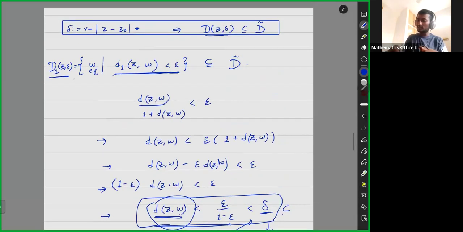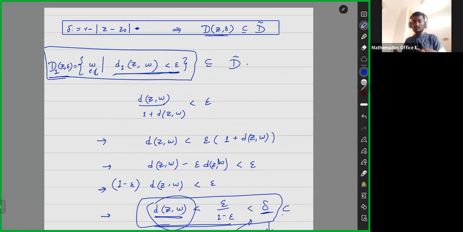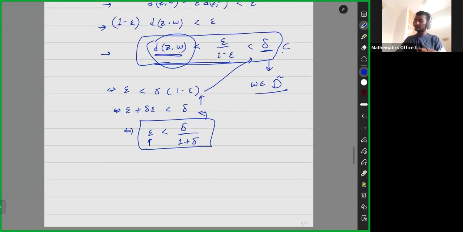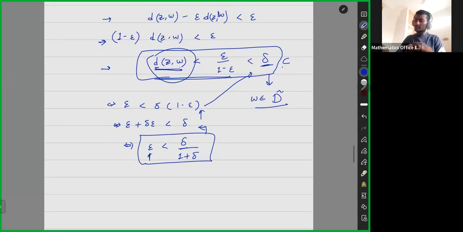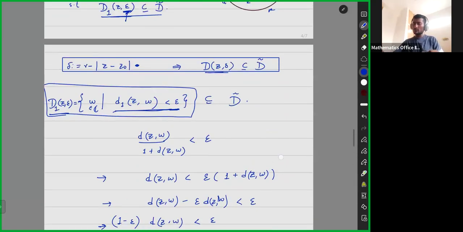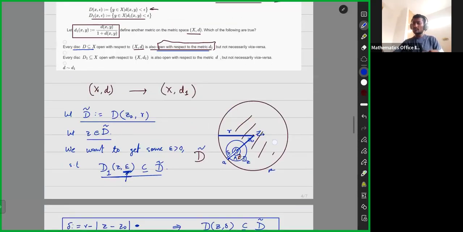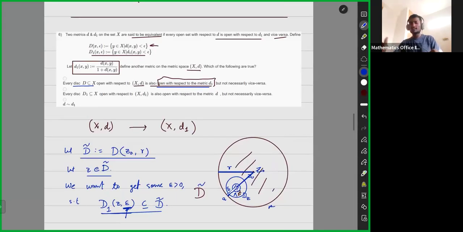The points W which are epsilon close to Z with respect to D1 are basically delta close with respect to D. If you have a problem with this explanation, you can ask. Similarly, from D1 we can get a formula for D, and that gives the vice versa.